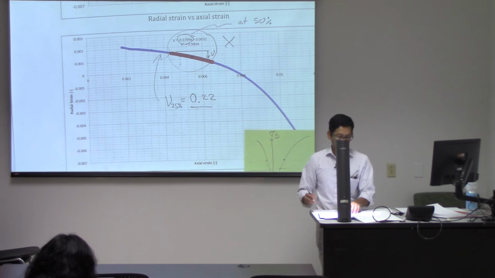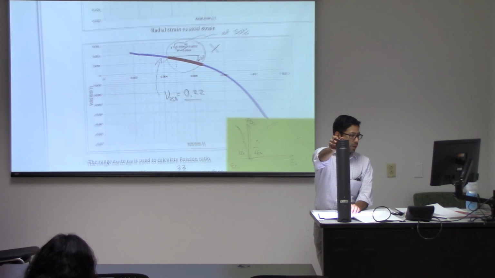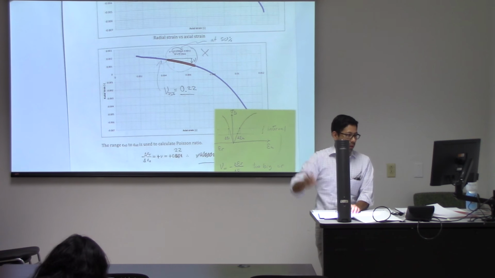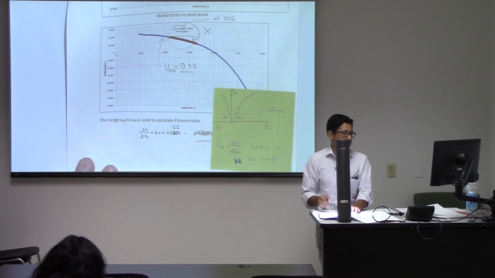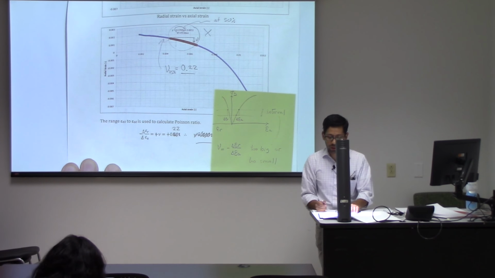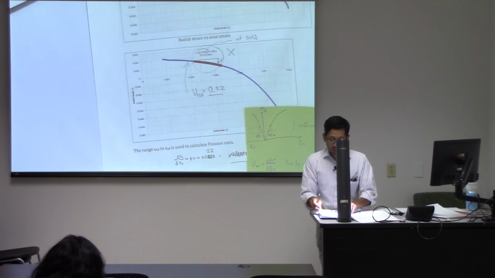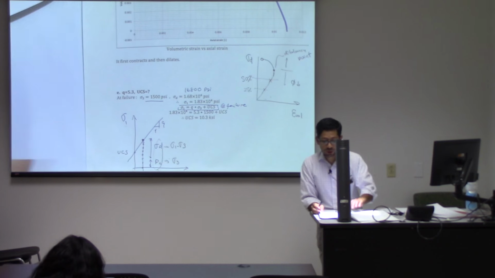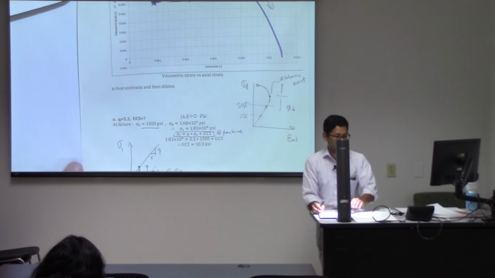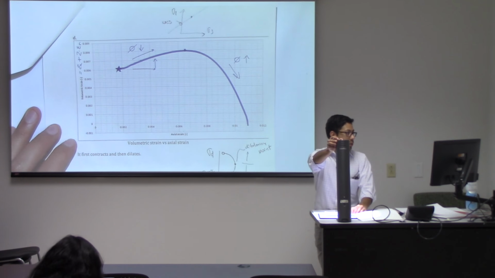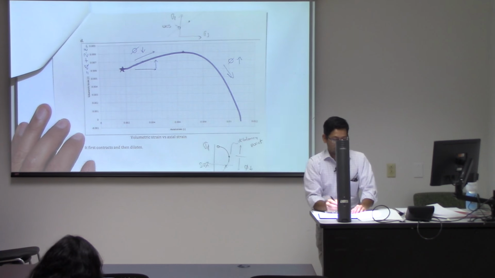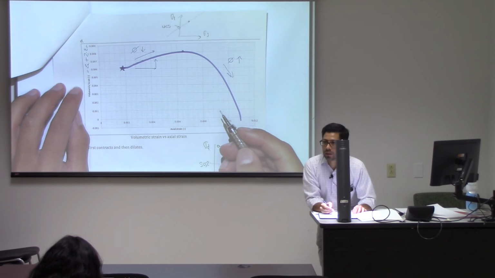And if you were to plot the axial strain and the radial strain together as a function of the deviatoric stress, you'll find something like this. This is just the definition of the Poisson ratio. Next, you had to compute the volumetric strain. And the volumetric strain is the result of adding all the strains, right?